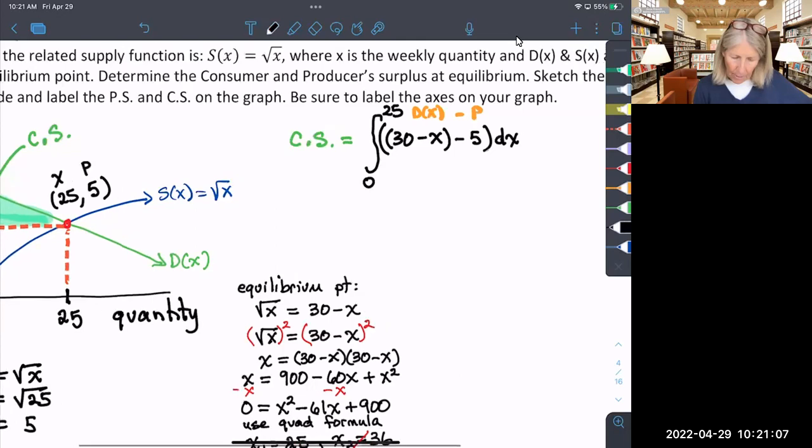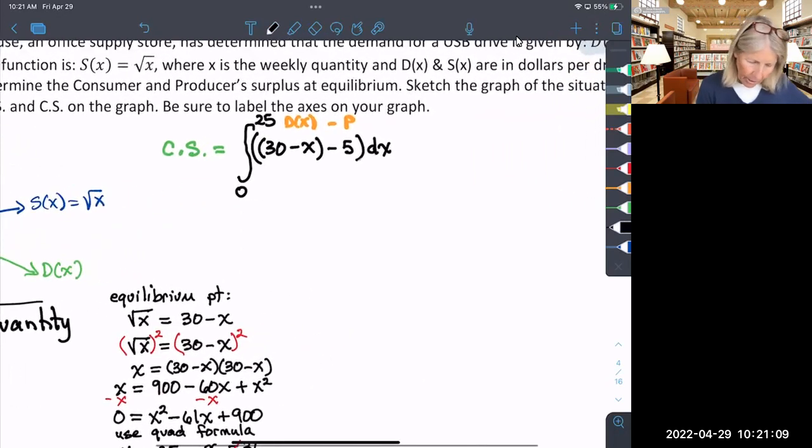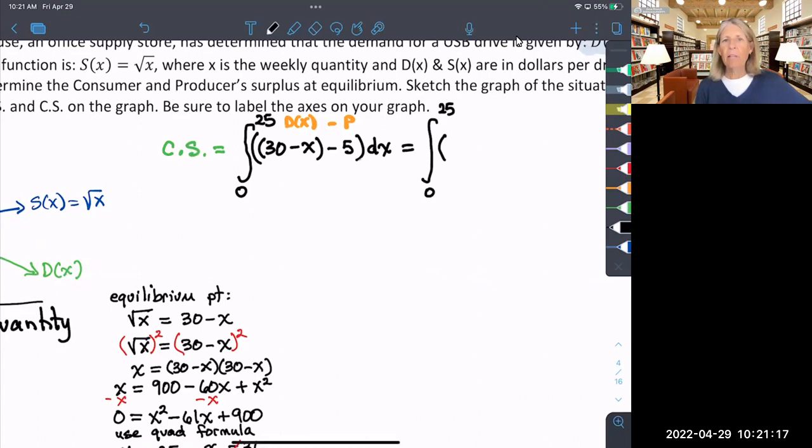Let me clean this up, and then we will type it in our calculator. So the integral I'm going to put in my calculator is going to be 0 to 25. I'm going to do a little combining of like terms. So I have a negative x and then 30 minus 5 plus 25 dx. Okay, so we're going to put that in our calculator, and then you're going to get a consumer's surplus.